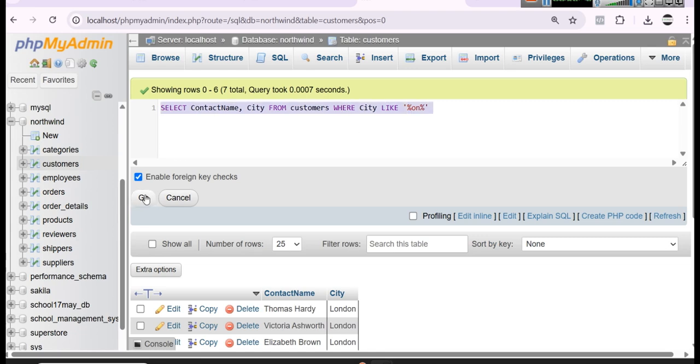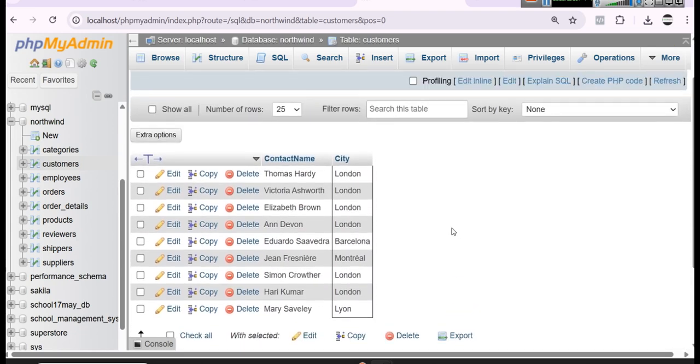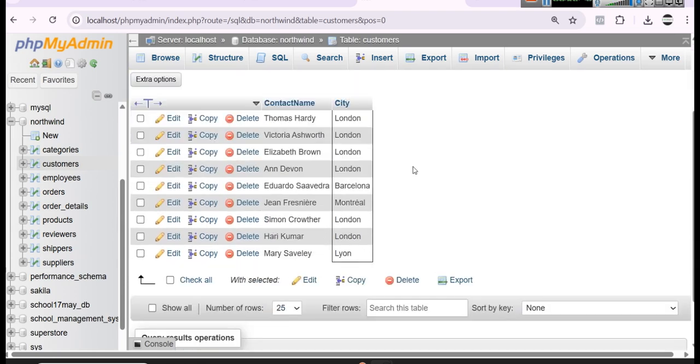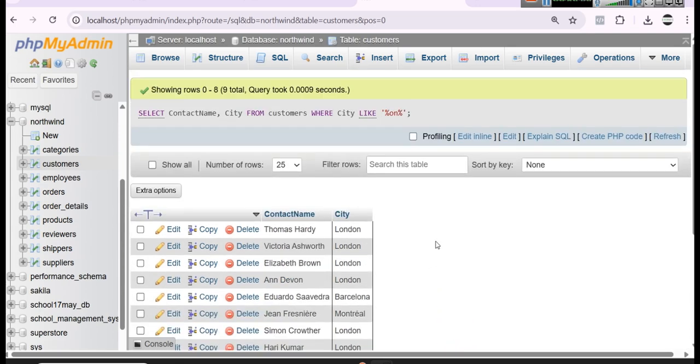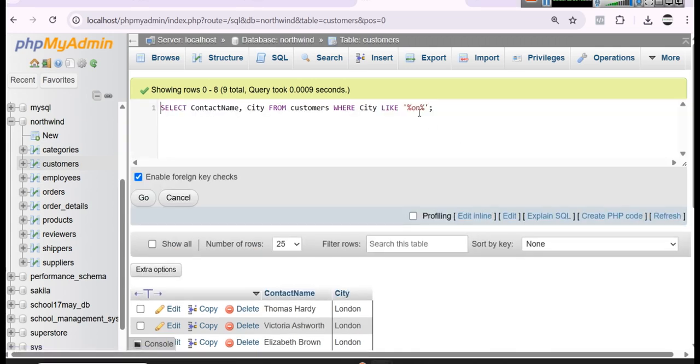So let's see the example. Now you can see in London there is ON, Barcelona there is ON, Montreal, Lyon, in all cases there is ON. Is it okay? I have given percentage in front and back because the question is: name of city has ON in it.